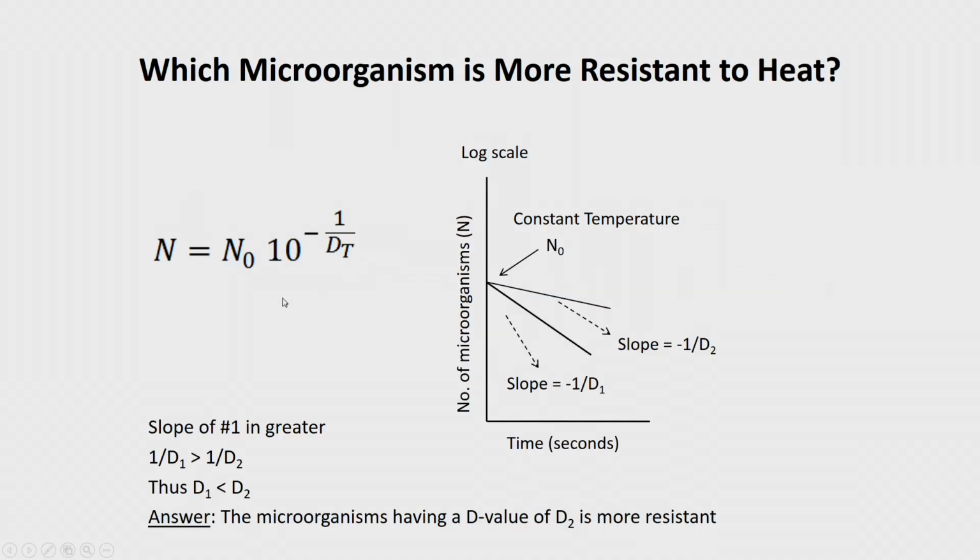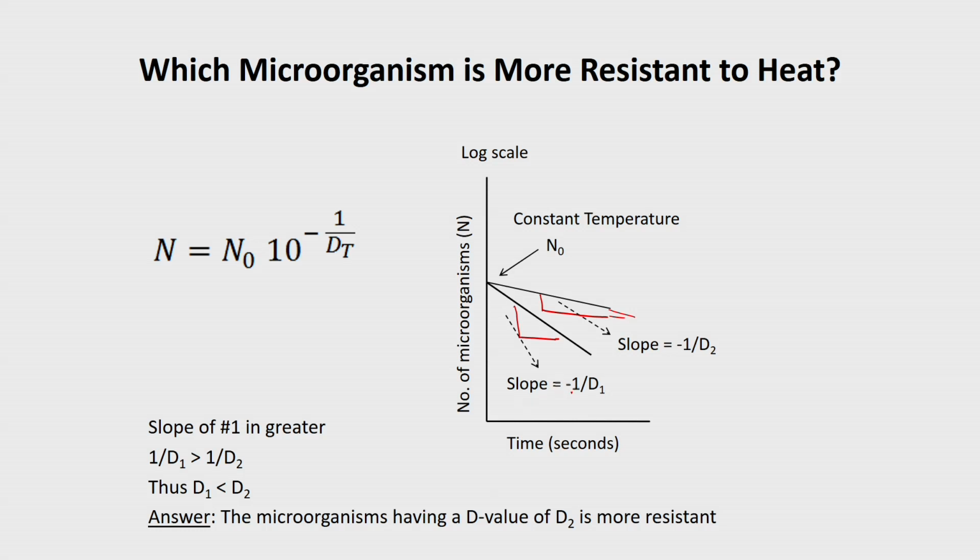Here I will be explaining which organism is more heat resistant, right. Here your slope is nothing but minus 1 upon D1. If you calculate the slope at any particular value, for a particular dy you will get more dx, right.